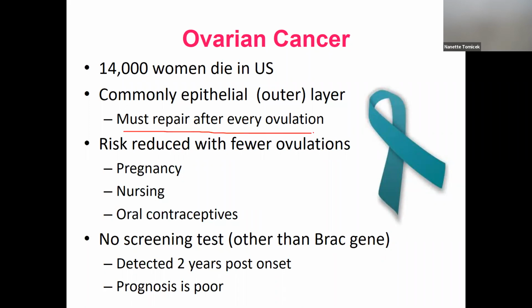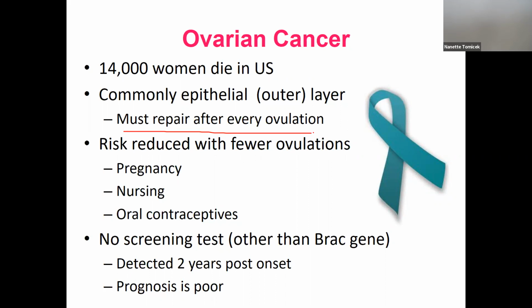So that ovary has to be repaired. Again, anytime we're repairing tissues and we're doing cell division, we could potentially make a mistake. If we make a mistake, then cell division might not be regulated and we start making tumors.